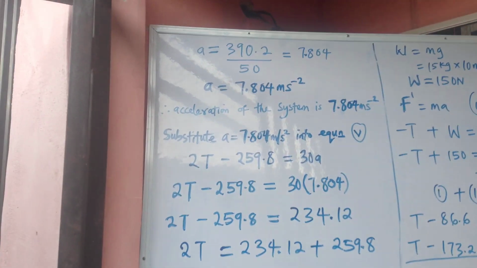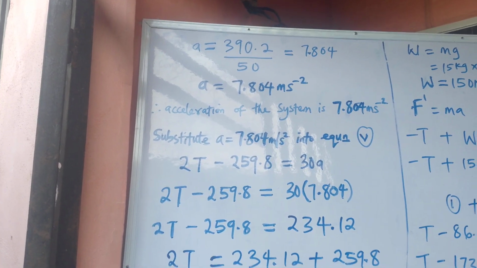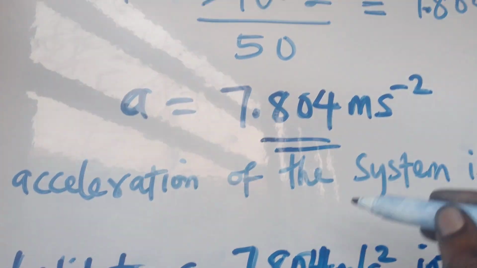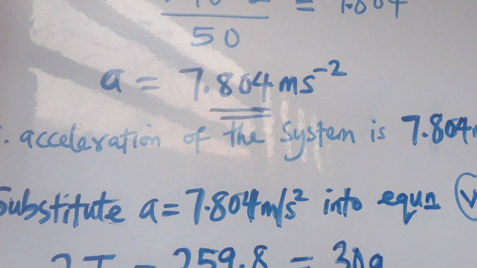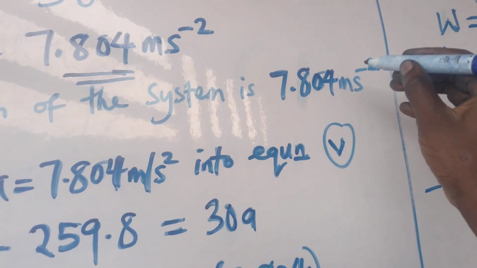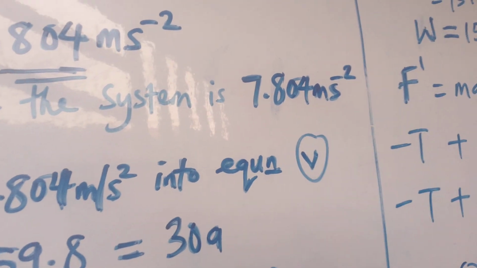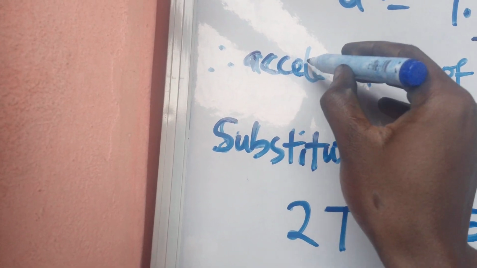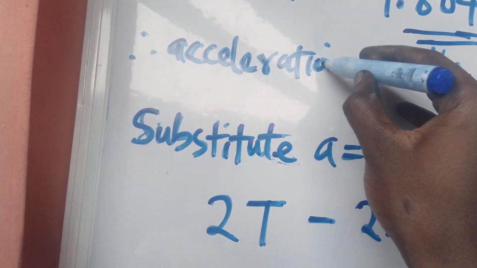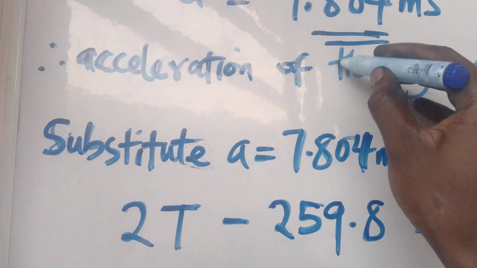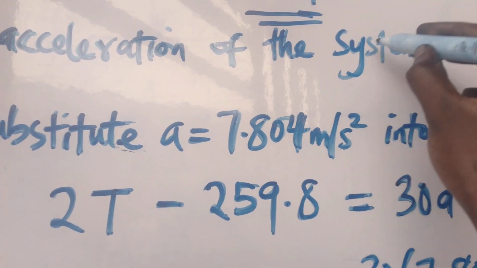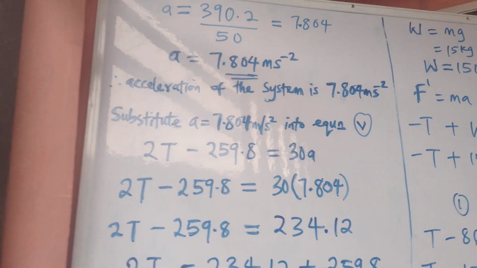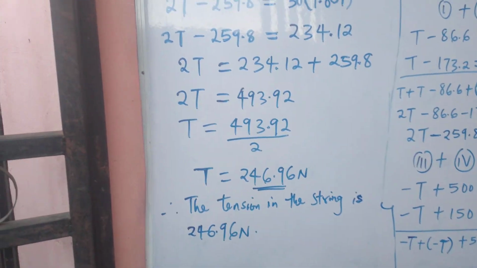The acceleration of the system is 7.804 meters per second square, and the tension in the string is 246.96 Newton.